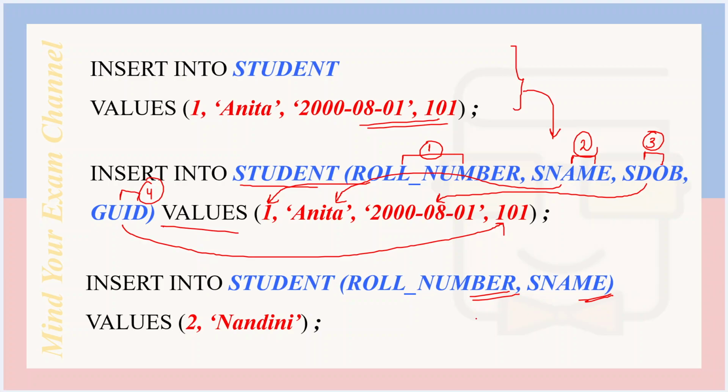Here we can do the same by writing the command insert into student followed by the list of attributes in which we are inserting the values, and then the values keyword followed by the values corresponding to each of the attributes specified here. For the remaining attributes, if default or null values are allowed, those values will be filled in, otherwise an error would be shown by SQL.